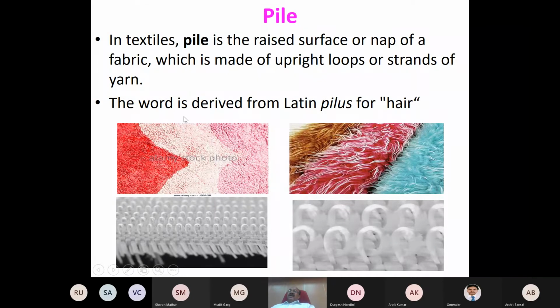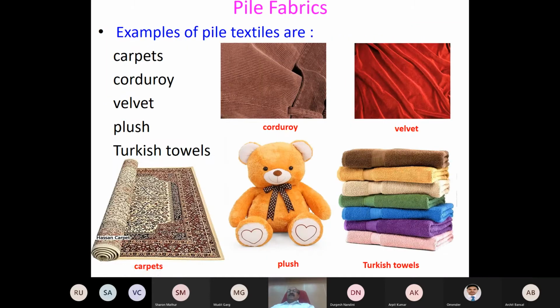The word is derived from Latin pilus, meaning hairs, which is where this word pile has come from. So you can see some of the applications of pile fabric, both in loop form as well as cut pile. We call it velvet and velveteen. Examples of pile textiles are carpets and corduroy. You must have come across this fabric. Corduroy is very famous.